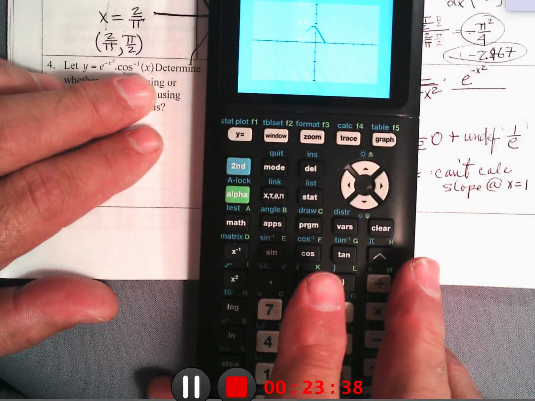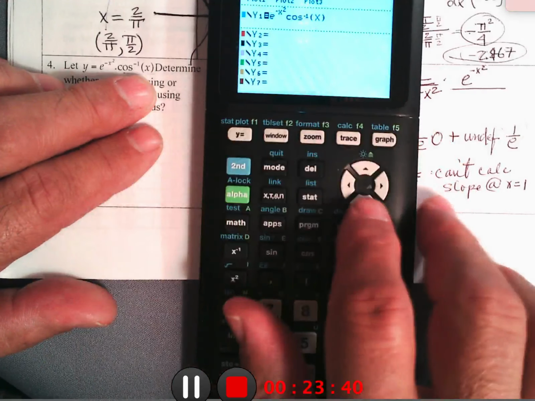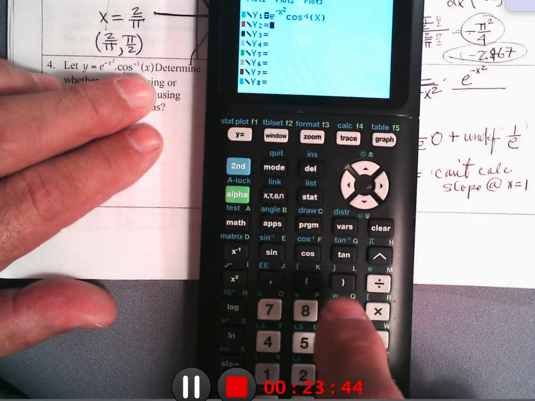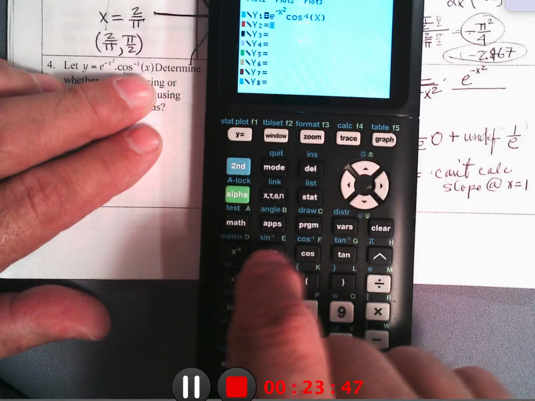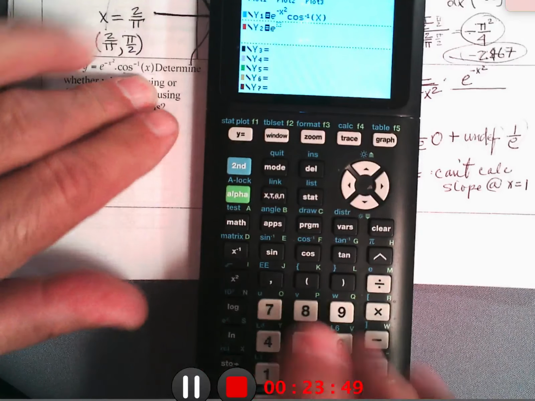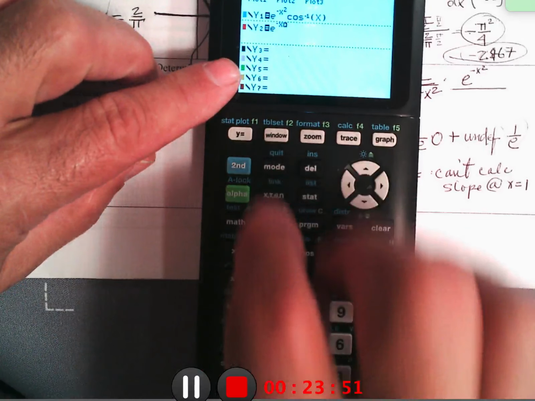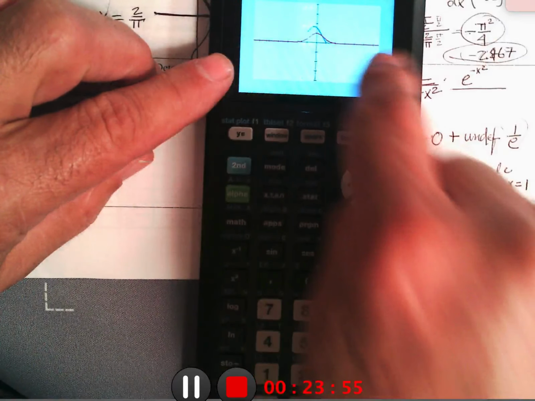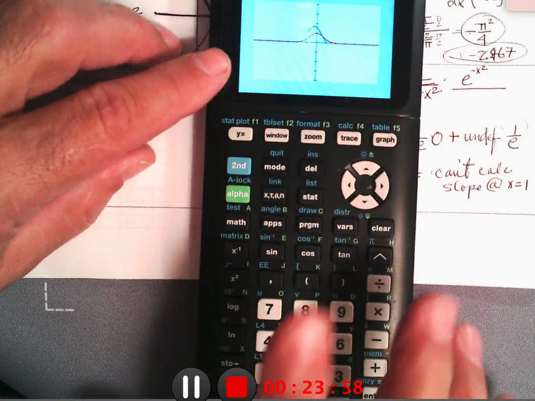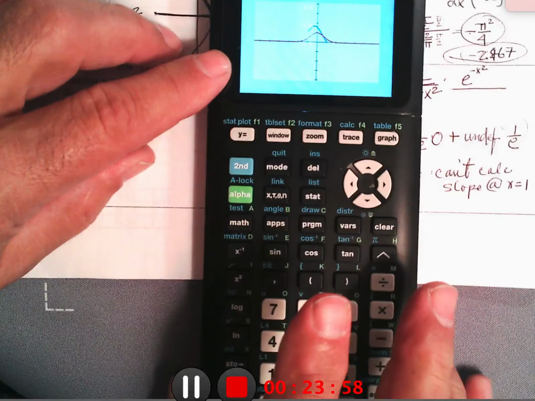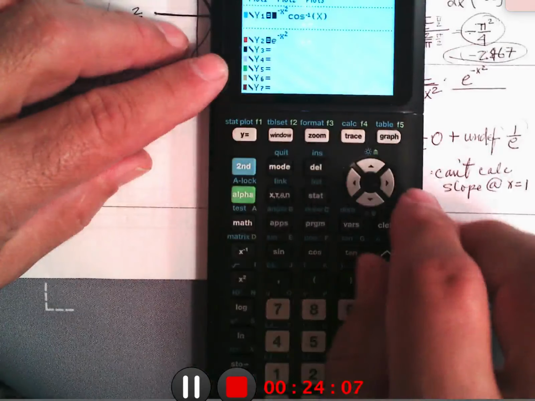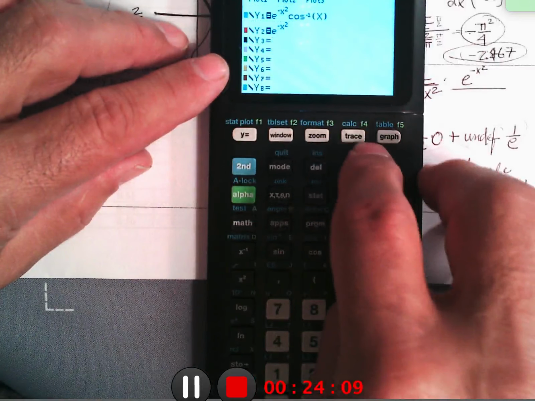Now, if we just look at the pieces, let's go to e to the negative x squared, graph that. That exists all along there, so there's no problem with that. But let's look now at the second, the cosine inverse.